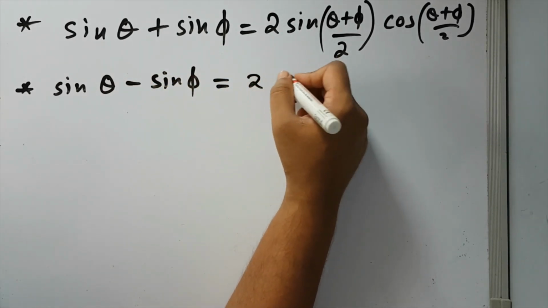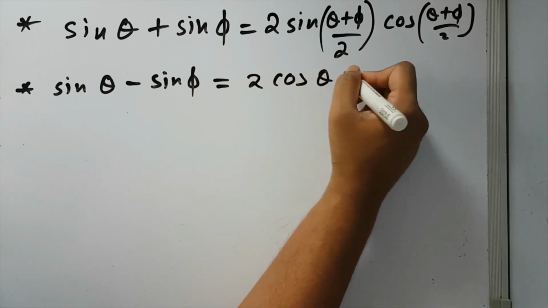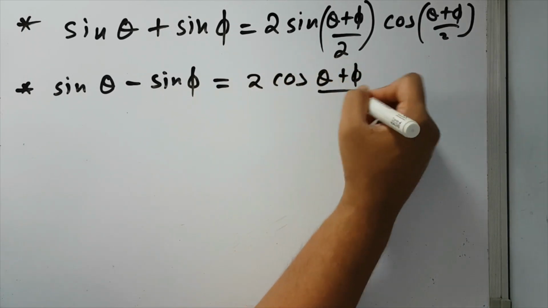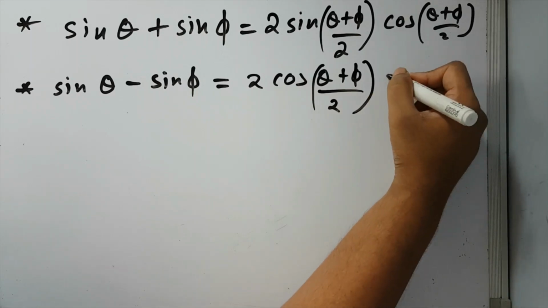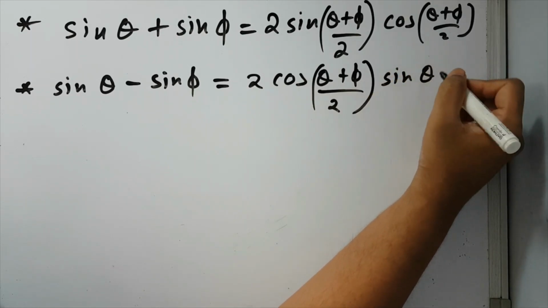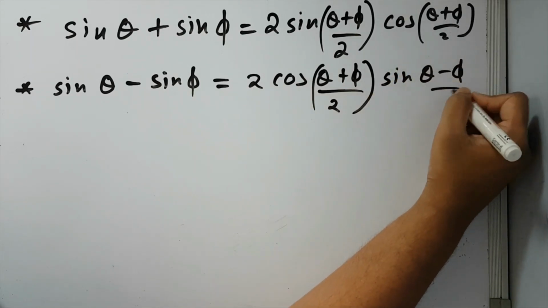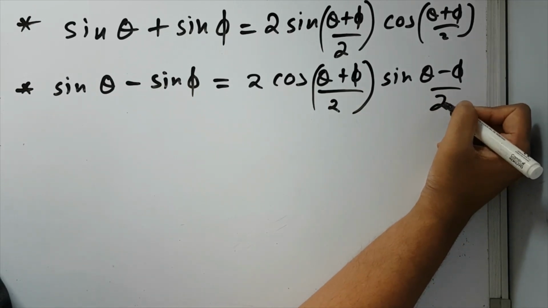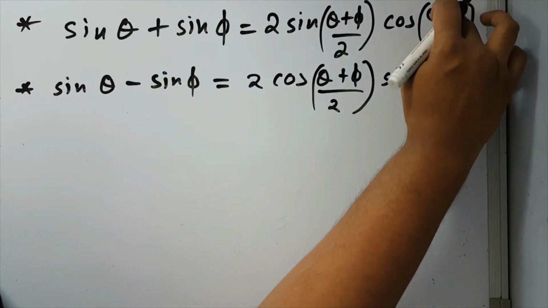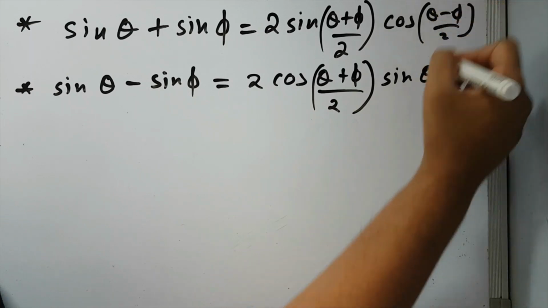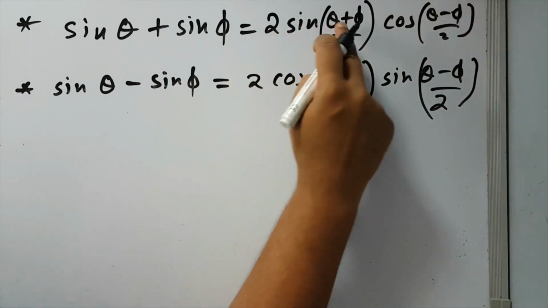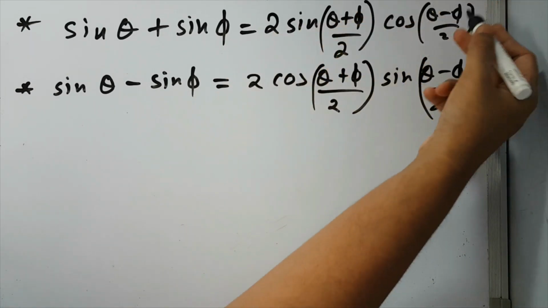This is 2 cos of (theta plus phi) by 2 into sine of (theta minus phi) by 2.